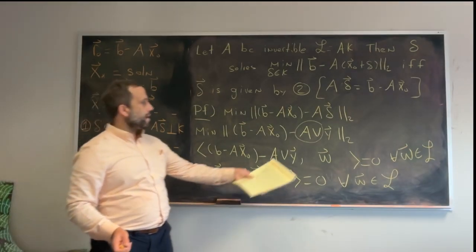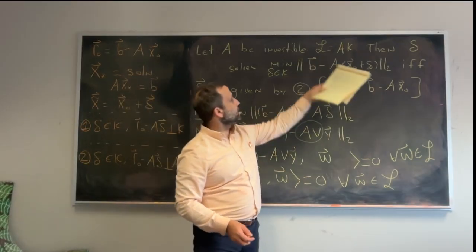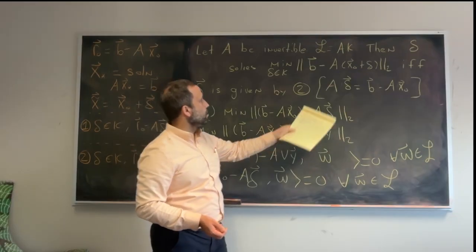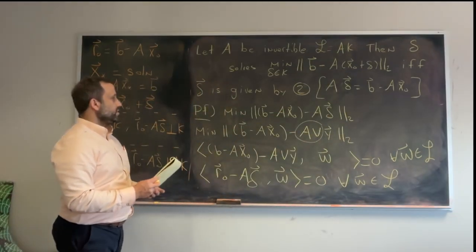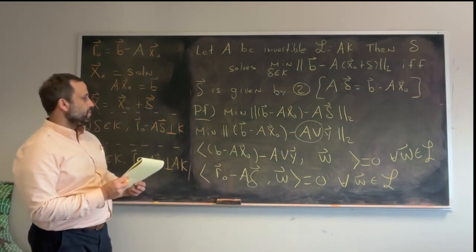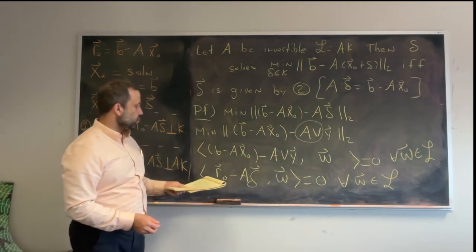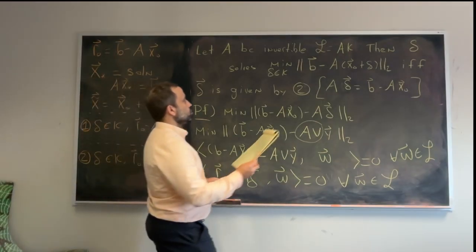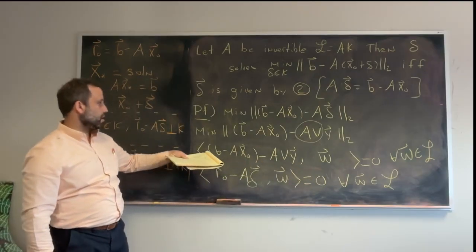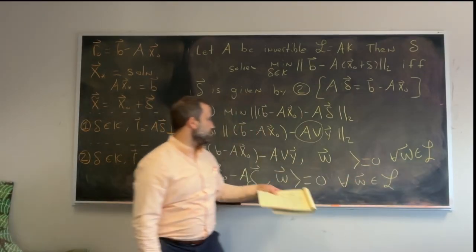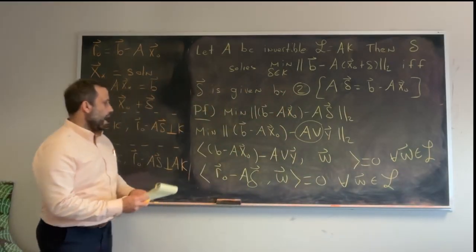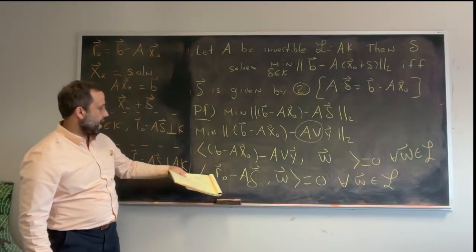But the column space of that matrix, A times V, well, L is equal to A times K, and V's columns are a basis for K. So when we say that the residual vector is orthogonal to the column space of A times V, we mean that the residual vector is orthogonal to A times K, which is equal to L. So in other words, we want this vector right here to be orthogonal to L. In other words, the inner product of this vector and W is equal to 0 for all W in L. And now we simply rewrite B minus AX naught as R naught.